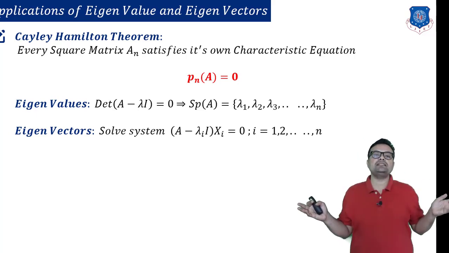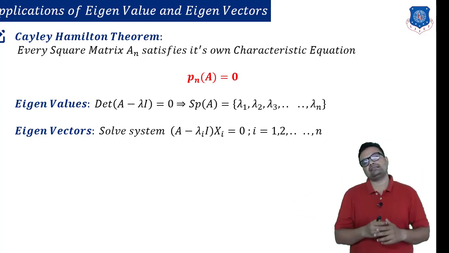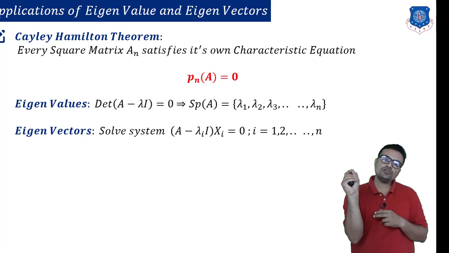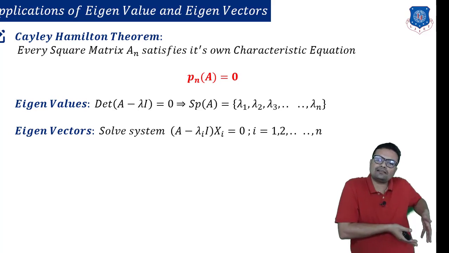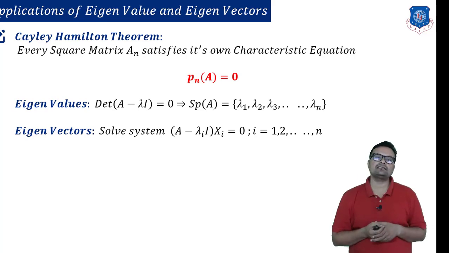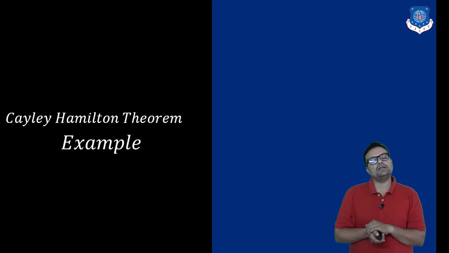Expand this using any technique. The equation which you derive by this expansion is known as the characteristic equation. And once you have that set of eigenvalues, for each value you can find a set of vectors or a single vector at a time. That is known as eigenvectors. So let us focus first on the Cayley-Hamilton theorem.